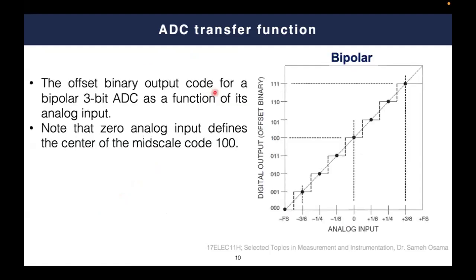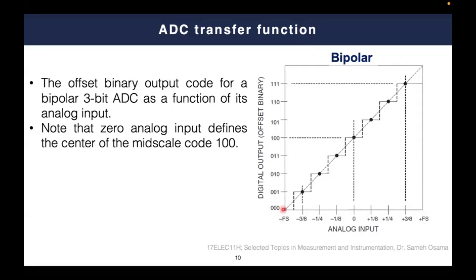But if you use the same 8 states, the same 3 bits, to represent a double dynamic range from negative Fs to positive Fs, here is what will happen. When you are varying from negative Fs to positive Fs, you are going to double the step.